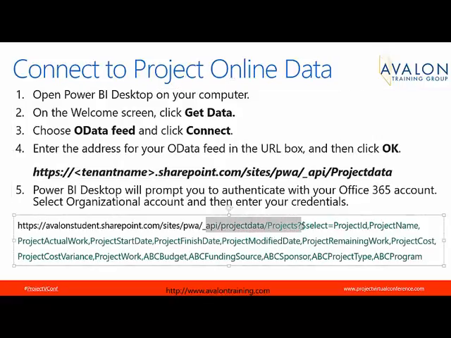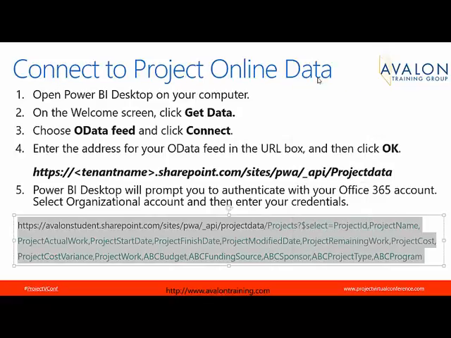Now I'm going to include an additional statement that identifies, from the projects table, I'd like to select the following fields: project ID, project name, project actual work, project start date, finish date, last modified date, some work fields, cost fields, and then some custom fields. All of my custom fields have ABC as an acronym at the beginning of the field, so there are about 4 or 5 custom fields that I'm also including in this URL.